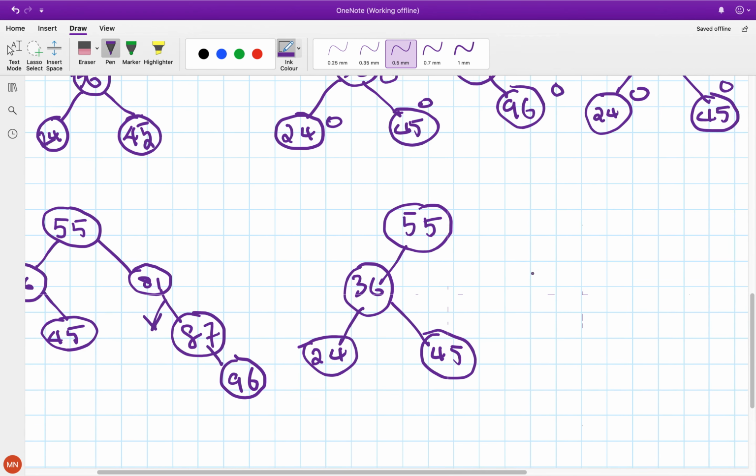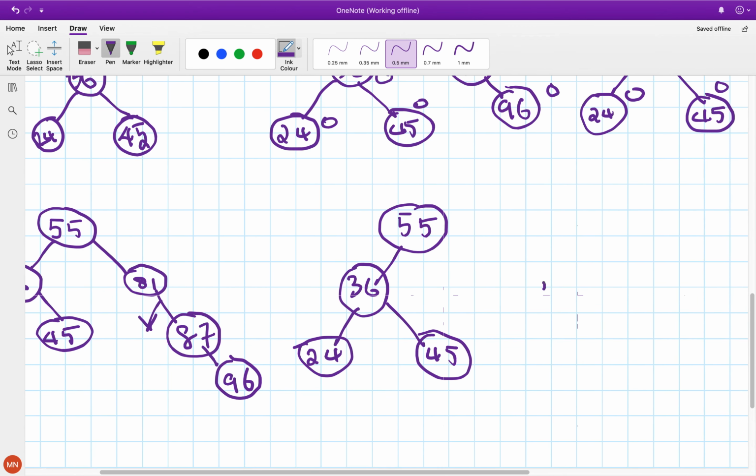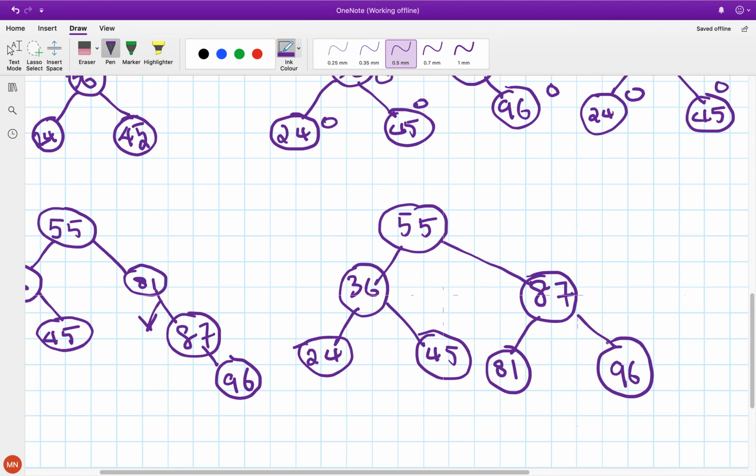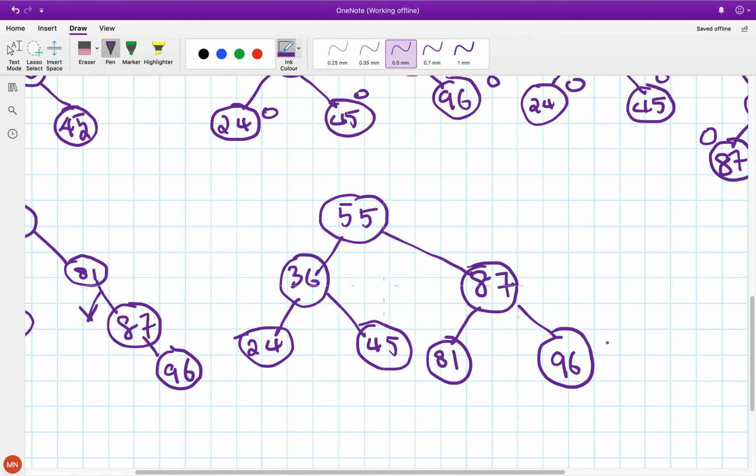Then on the right side, instead of 81 I will have 87. Then on the left side of 87 I will have 81. On the right side I have 96. Okay, so you can see that this has become a perfectly balanced search tree, right?